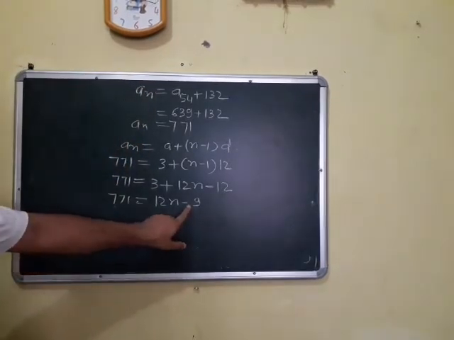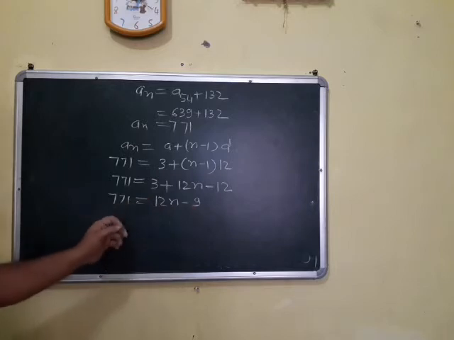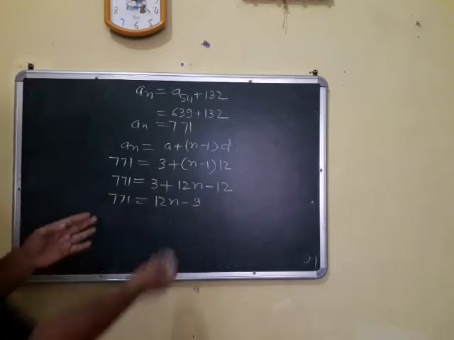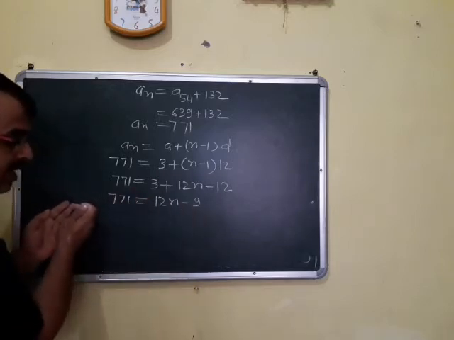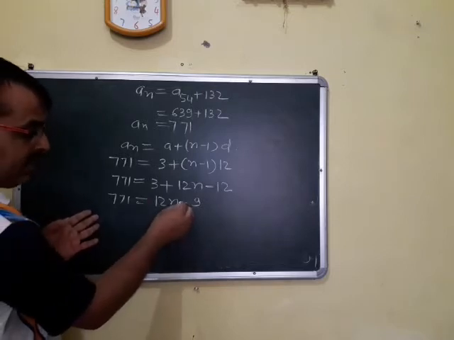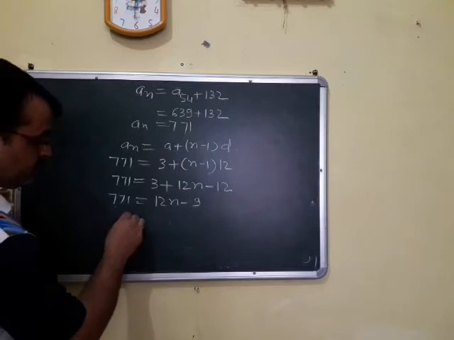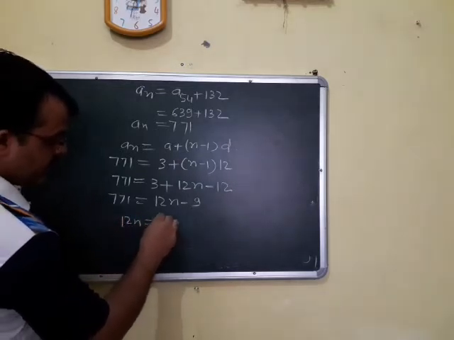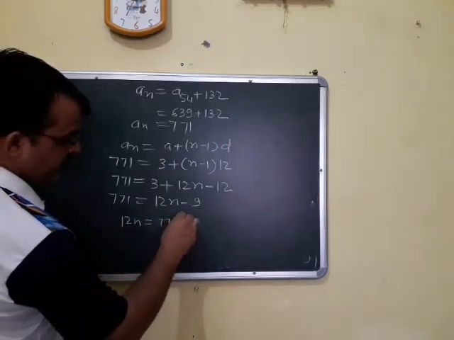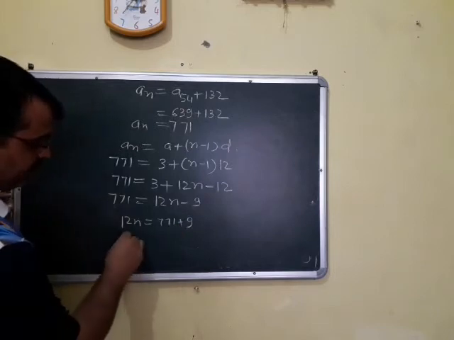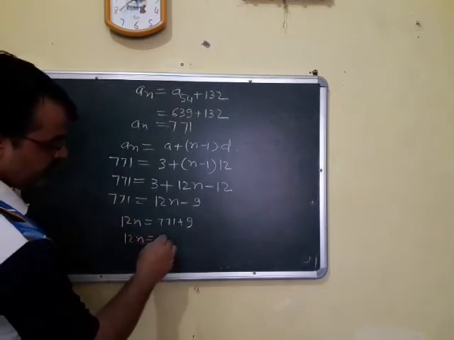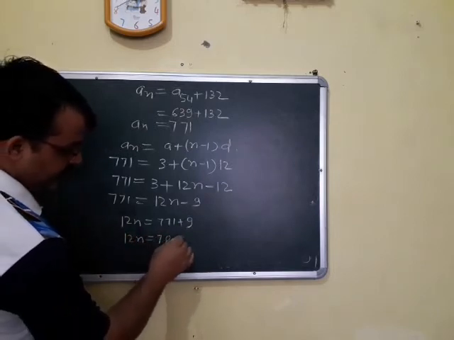This one is a negative term, it goes to the left hand side. The sign minus is converted into positive sign. So 12n is equal to 771 plus 9. So what we get here? 12n is equal to 780.